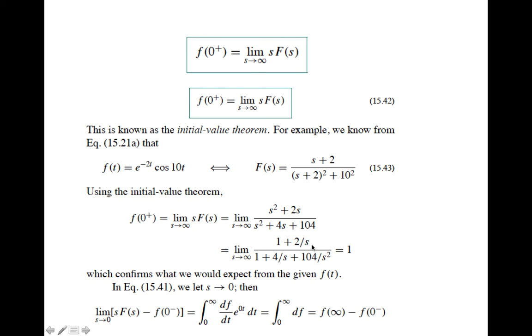And now the reason that's easy is because when s is in the denominator everywhere, as s goes to infinity, the overall term goes to 0. So everything goes to 0 except the 1s, so this is in fact 1. Now if we come back up here and look at our original function, then if we let t go to 0, I'll get 1 here and I'll get 1 here, so that's consistent.